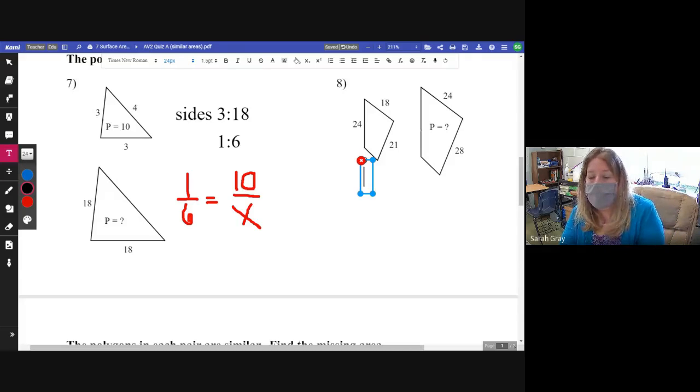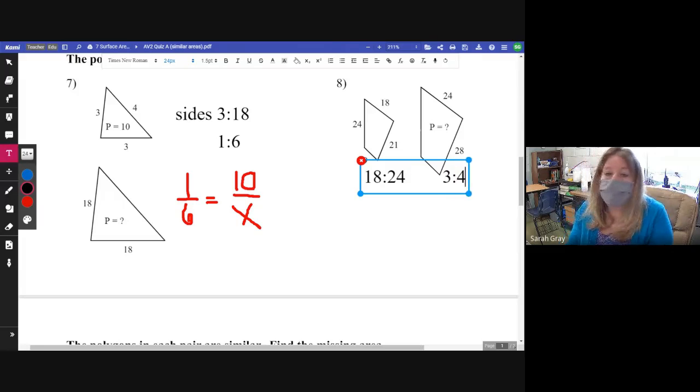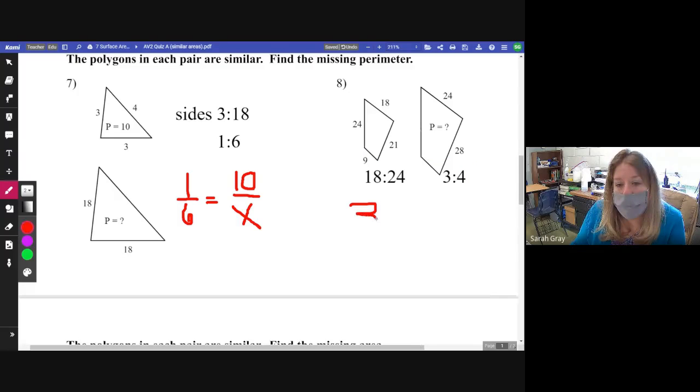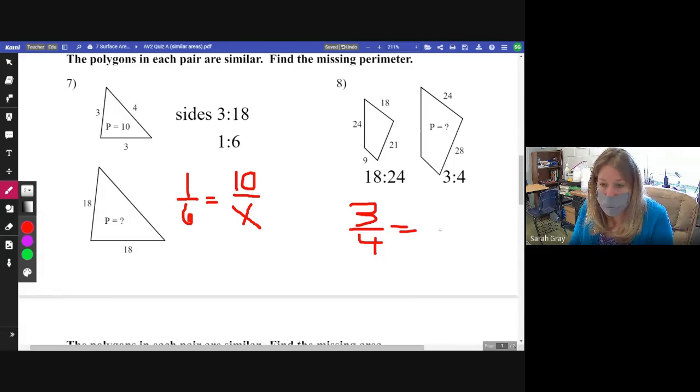Okay, on this side, I'm making sure I'm picking corresponding sides. 18 to 24. That simplifies to 3 to 4. So ratio is 3 to 4. I don't know the big one.